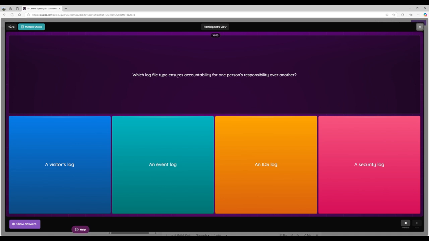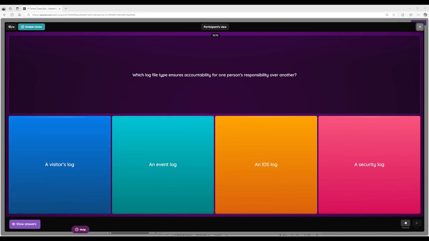Okay, number 10. What log file type ensures accountability for one person's responsibility over another? One person's responsibility over another. Okay, we have a visitor log, an event log, an IDS log, and a security log. A visitor's log, whenever anyone comes to visit a company, they can tell you to write down your name, address, and all that.